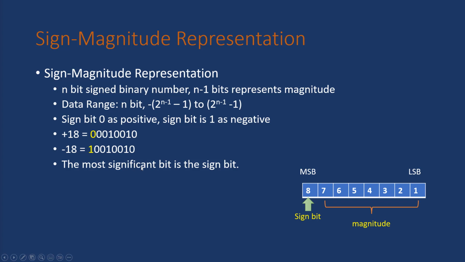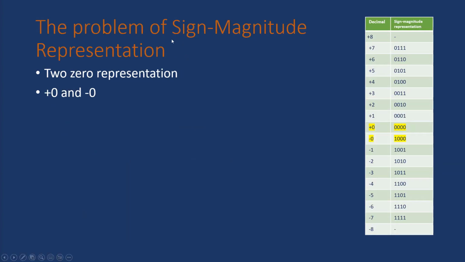So the most significant bit is the sign bit. The rest of the bits represent the data. If in this case we use the signed magnitude representation, there are going to be two zeros. For example, if the most significant bit is 0, then the rest of the bits represent the data. Positive 0 has a 0, and the rest of the data is 0.